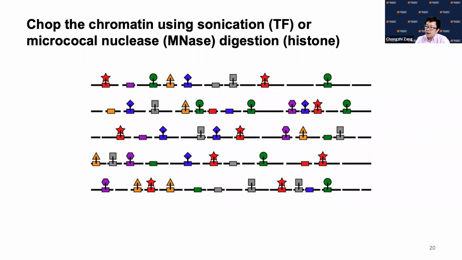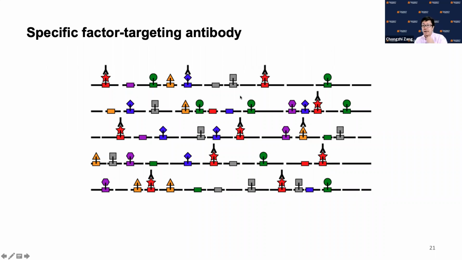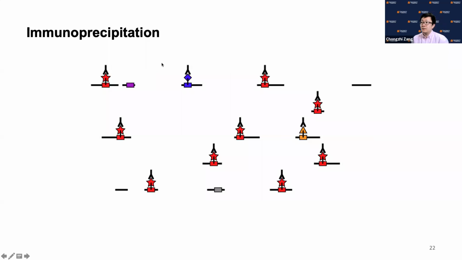After we chop the whole chromatin into small pieces, we can use a specific antibody targeting the factor we want to profile. This antibody can only recognize the protein or the transcription factor that we want to profile, though they may have some off-target effect. Then we use this antibody to pull down the protein-DNA complexes, in the process called immunoprecipitation.